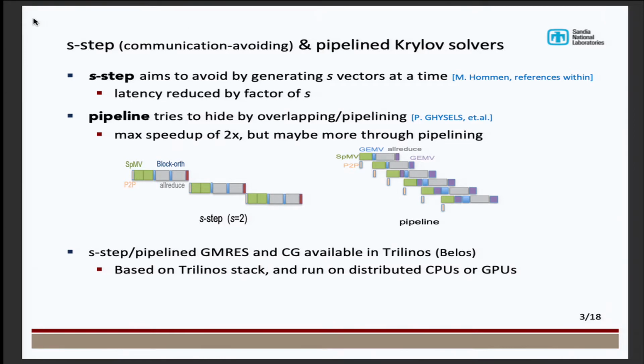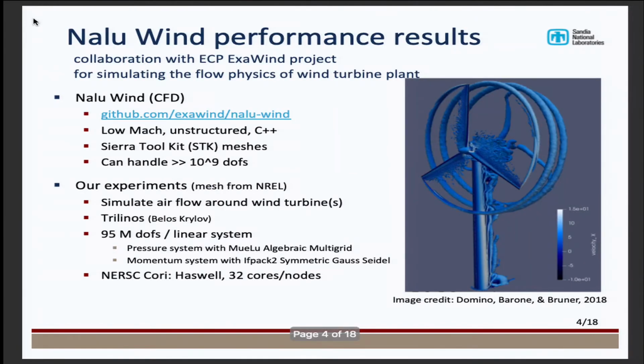We have already implemented s-step and pipelined GMRES and CG in Trilinos. Since these are based on the Trilinos stack, they can run on either CPUs or GPUs on distributed systems.